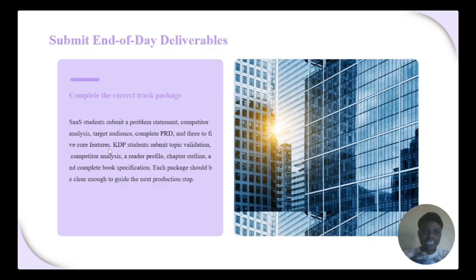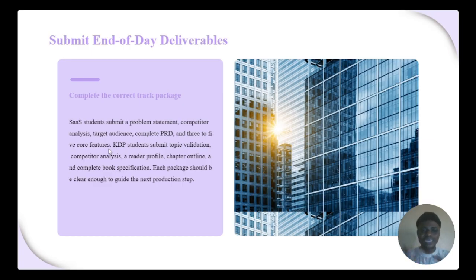So again, for SaaS students, if you know you want to create SaaS products, focus on these things. Open Claude, research problem statements. Give me your problem statement for that particular product you're trying to make, a competitor analysis, target audience for that product, a complete product requirement documentation, and 3 to 5 features of the product.